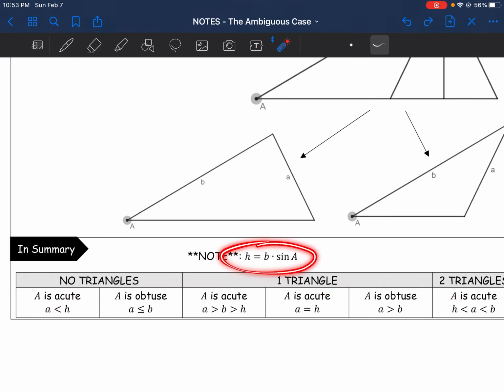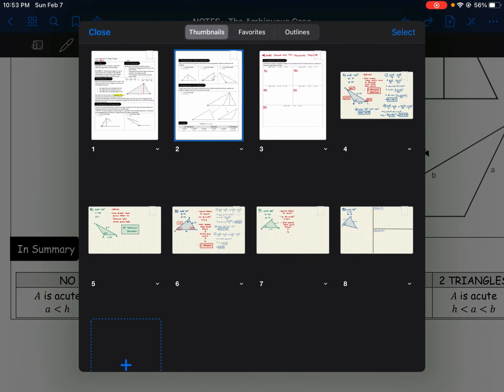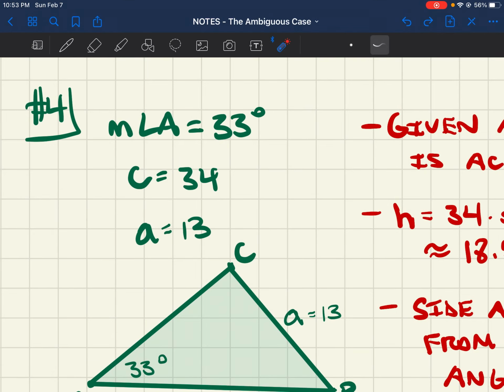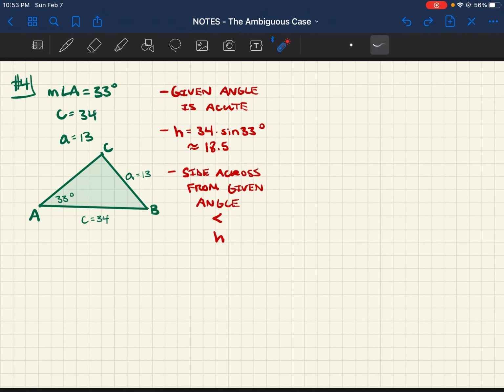And again, we talked about how to find h. It's the sine of the given angle multiplied by the side not across from the given angle. So in this problem, I went ahead and found h. So 34, the side not across from the given angle, times the sine of 33, the angle that was given to us, that's about 18.5.